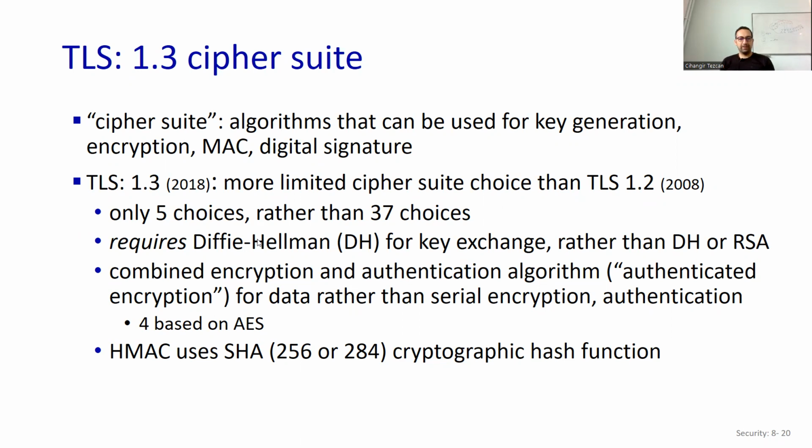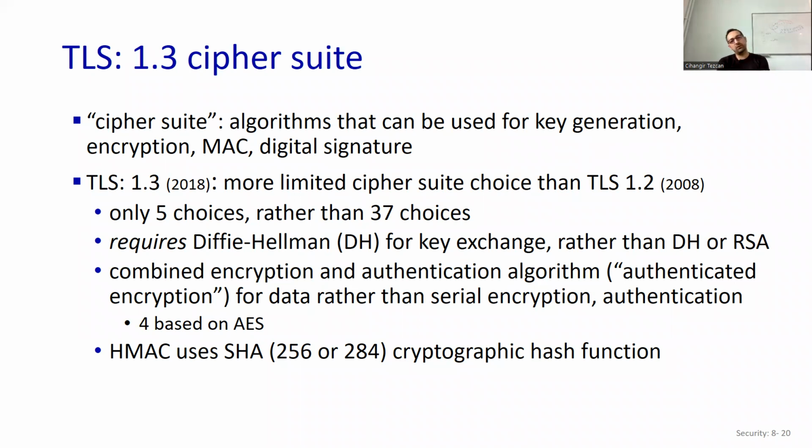Here the sentence looks suspicious. It says it requires Diffie-Hellman (DH) for key exchange rather than DH or RSA. What you might be confused about here is that it says you should use Diffie-Hellman instead of Diffie-Hellman, right? So again, there is a typo here. Actually, here you still can use Diffie-Hellman key exchange with RSA and so on.